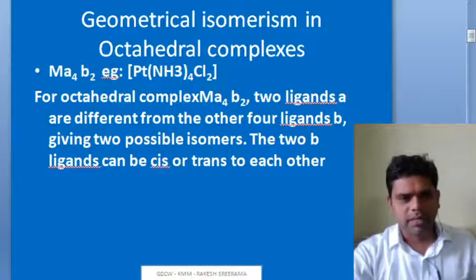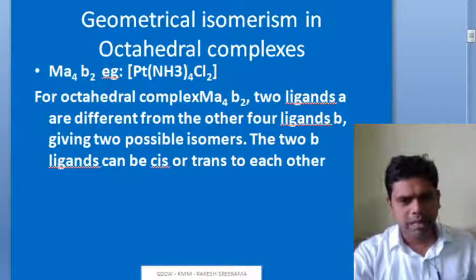A type of ligands are different from B type of ligands. A type of ligands are 4 in number and B type of ligands are 2 in number. So if you try to arrange B type of ligands close to each other with a 90 degrees separation in an octahedral complex, it results in cis form.